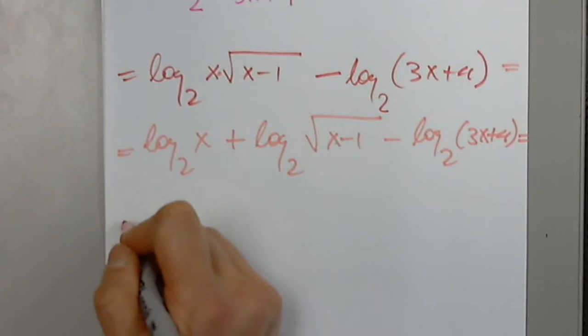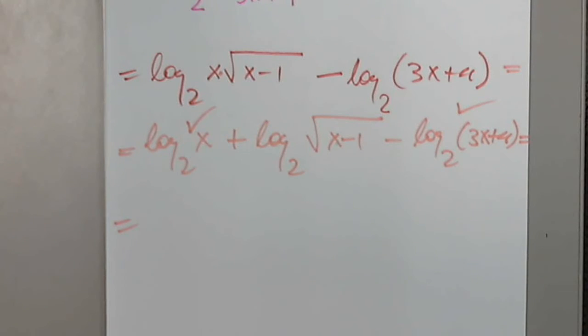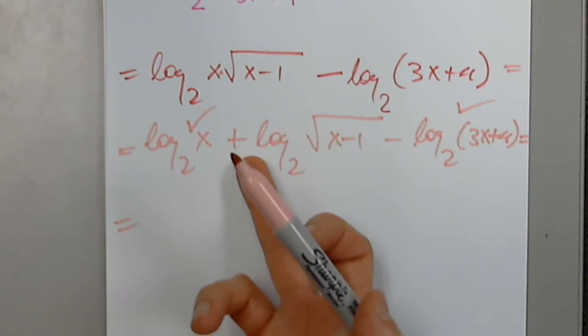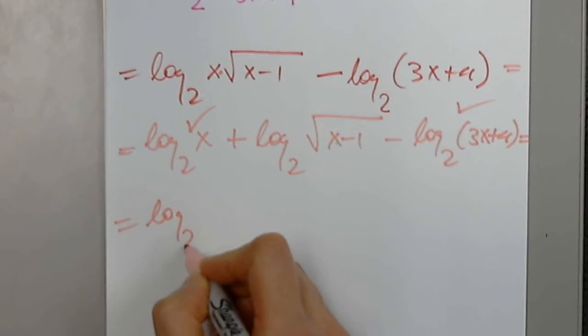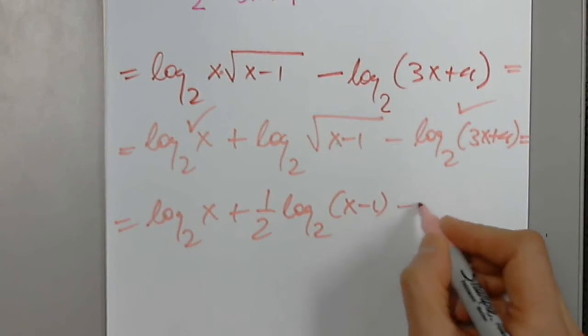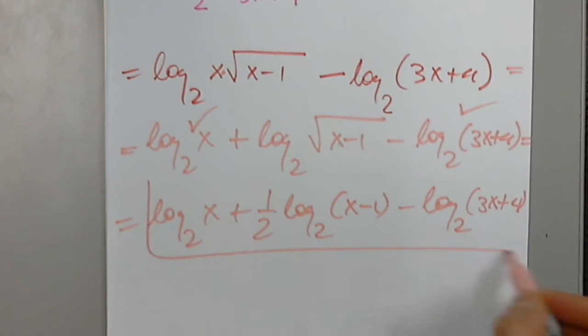I have one more step, not on this and not on this, but on this. The square root is power 1/2 that goes in front as a factor. Log base 2 of x plus 1/2 log base 2 of x minus 1 minus log base 2 of 3x plus 4, and this is done.